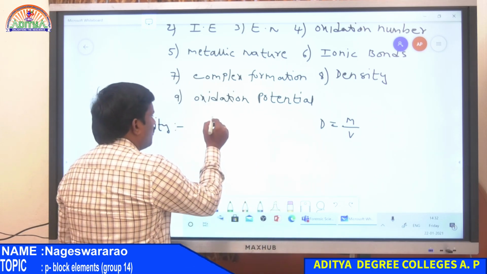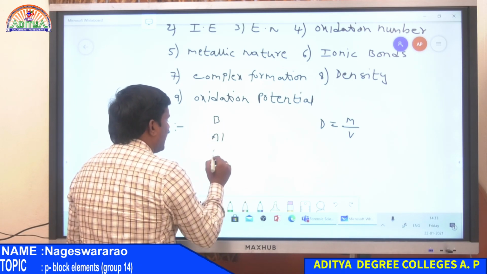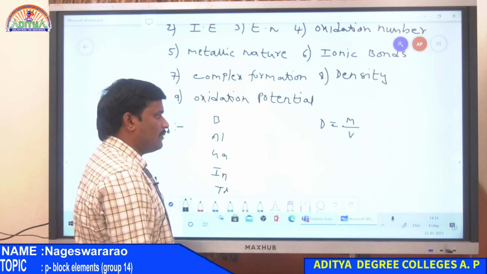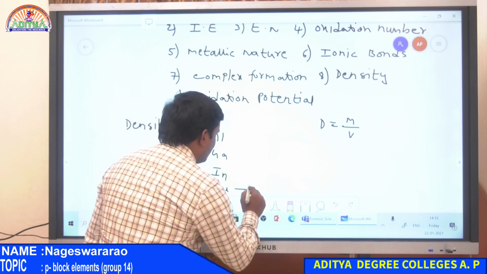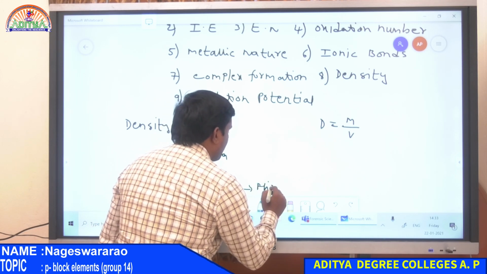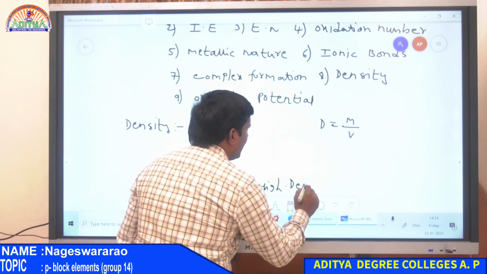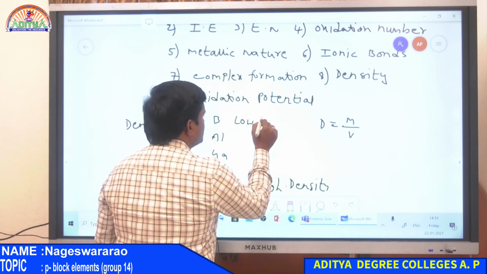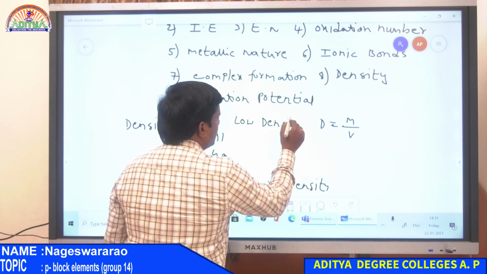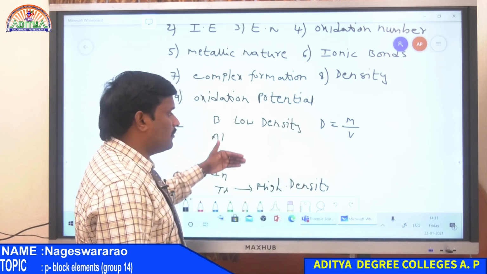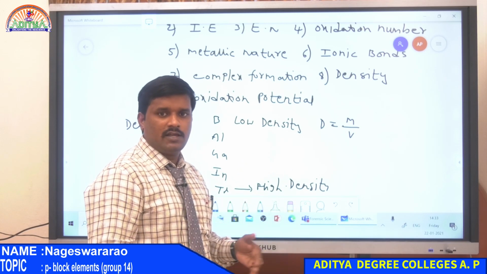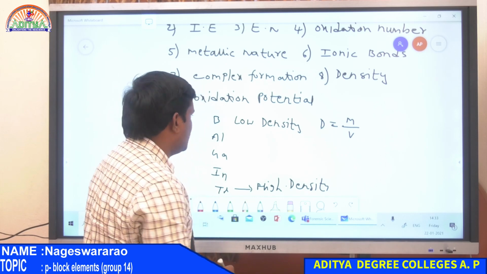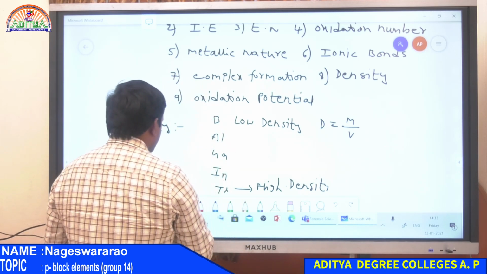The elements in the boron family are boron, aluminum, gallium, indium and thallium, and here thallium has high density compared to boron, which has very low density. This is because from top to bottom atomic size increases, hence atomic mass increases and hence density also increases.